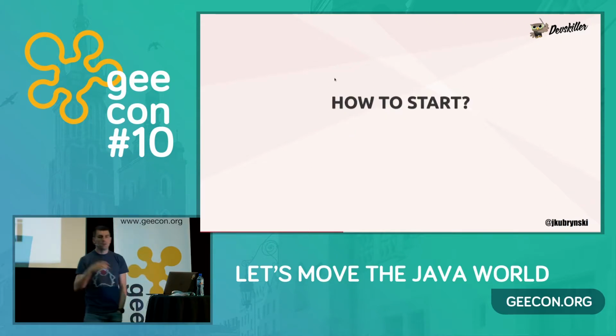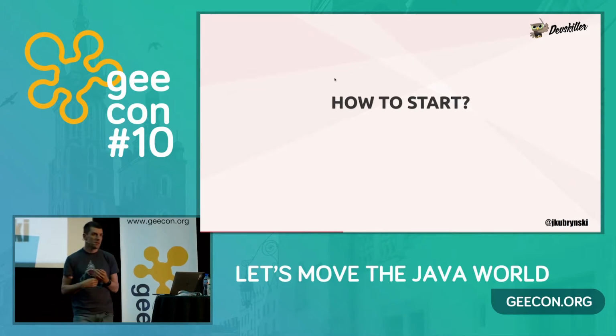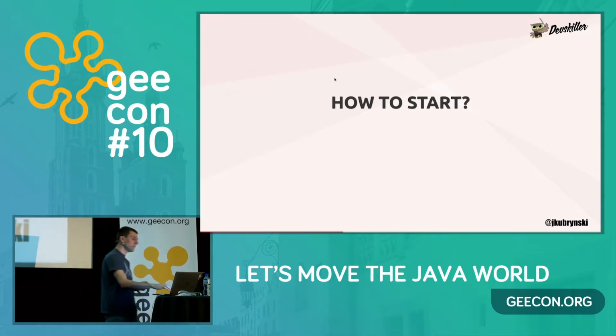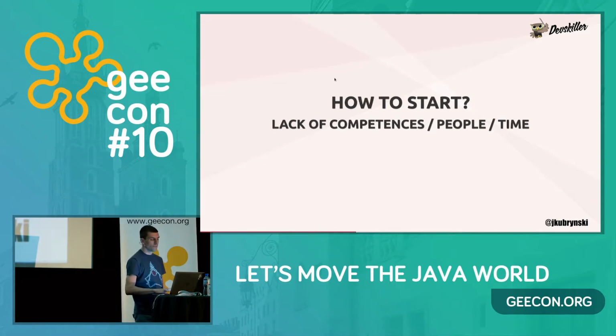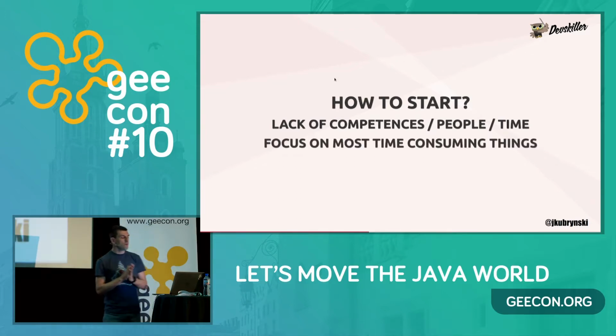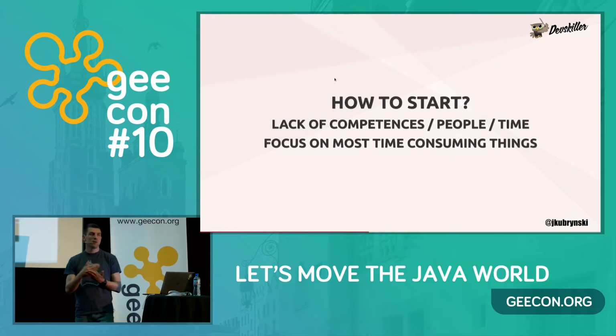So how can you start introducing infrastructure as code into your organizations, into your teams? The general problem that I see continuously is that there is a lack of competencies, lack of people, lack of time. So we want to do that, but there is no time to do that. And that's in fact not true. Why? Because if you focus on the most time-consuming things, you will win.